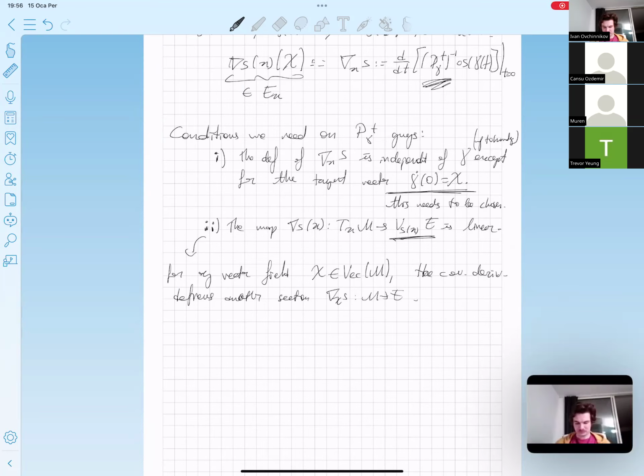Now, any sensible definition of derivative requires us to have this, right? And this to be linear for all x. Because we're working with vectors that are coming from the tangent spaces.